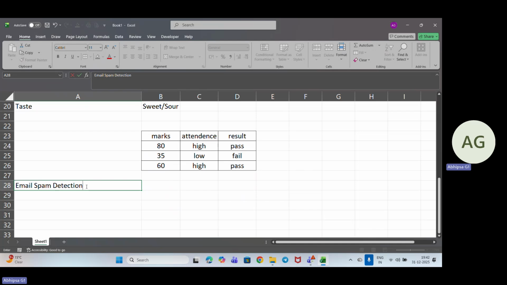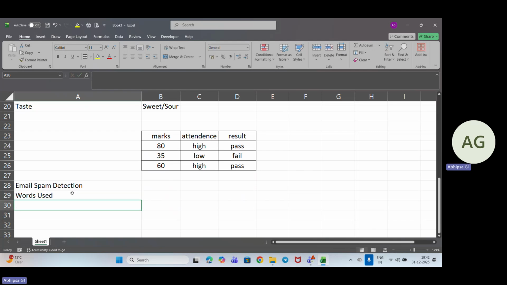The words used. Coming down, I can use the number of links. I can use the sender details, like who is the sender.